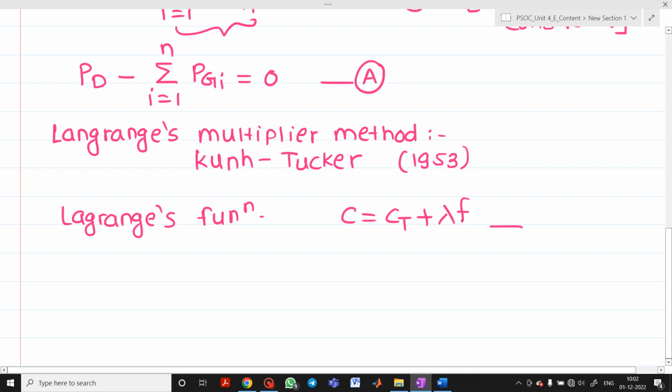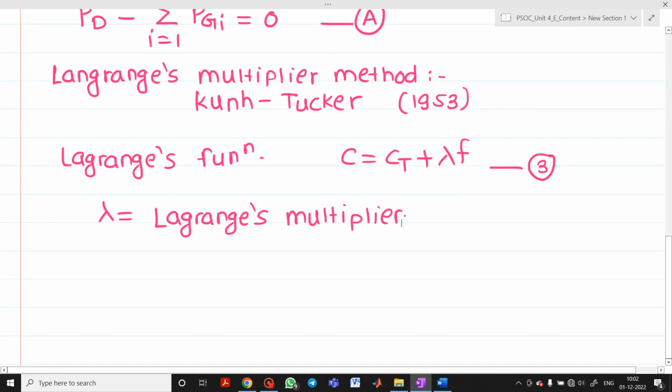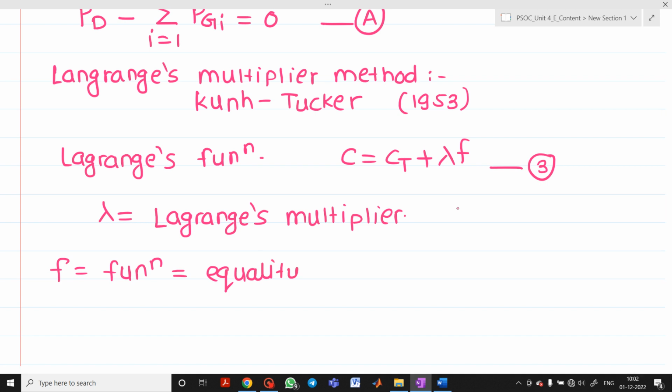Let me take this as equation number 3, where lambda is your Lagrange's multiplier. Now what is this f? f is basically a function. Which function? This is your equality constraint. f will be your equality constraint, which we have already written as equation A.